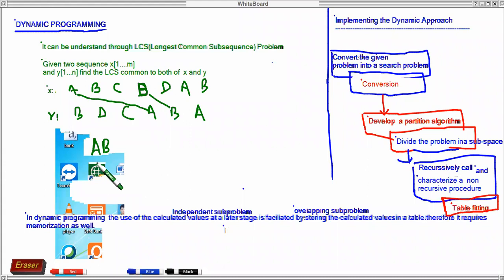Can I choose B, C, B? The subsequence can be chosen.